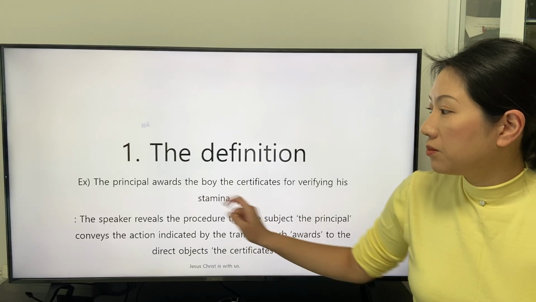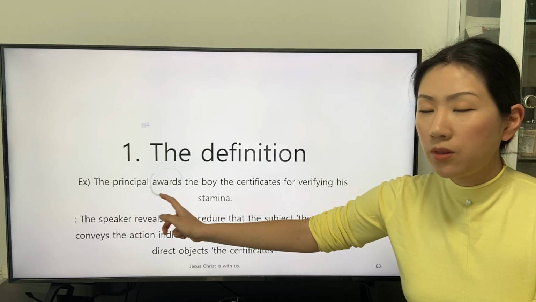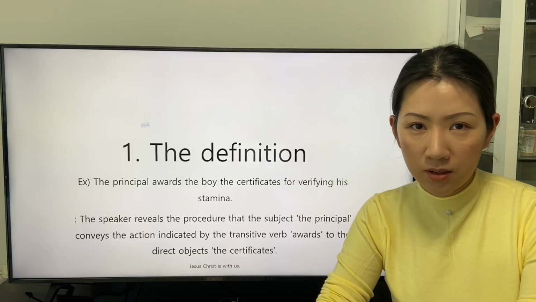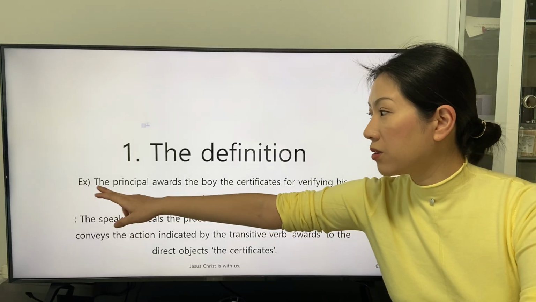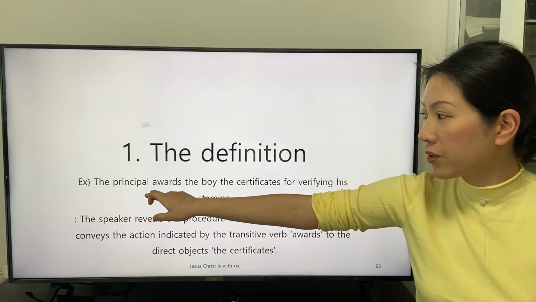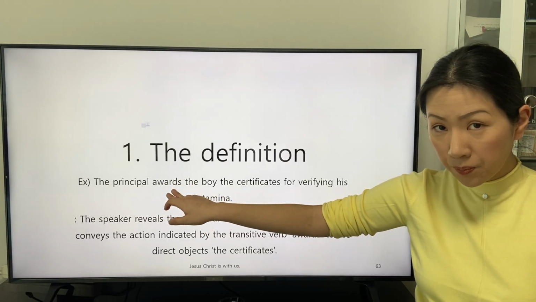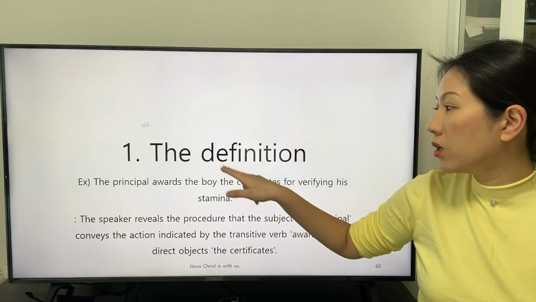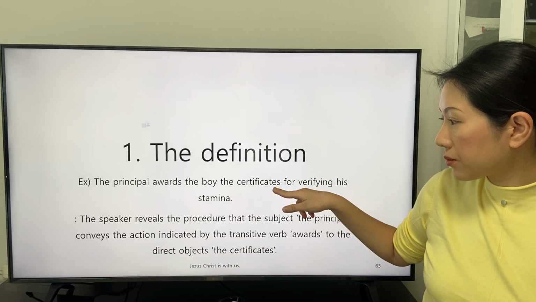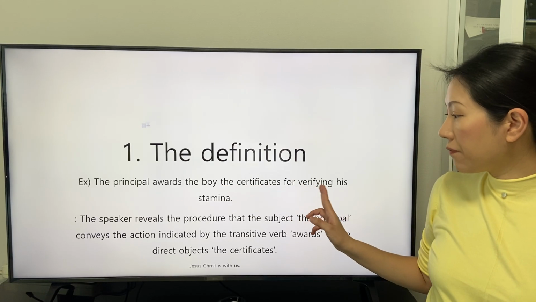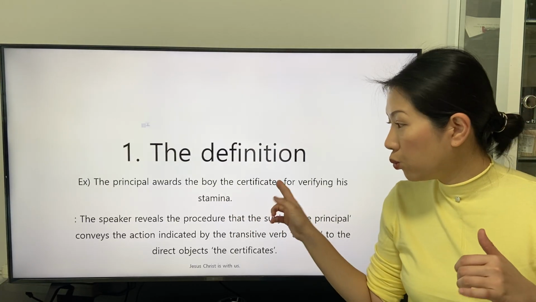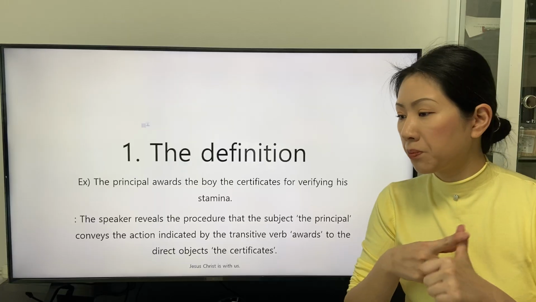In this clause, the transitive verb awards is applied, and the subject, the principal, starts and gives the definition of the transitive verb award to the direct object, the certificate for verifying his stamina, which are the direct object.